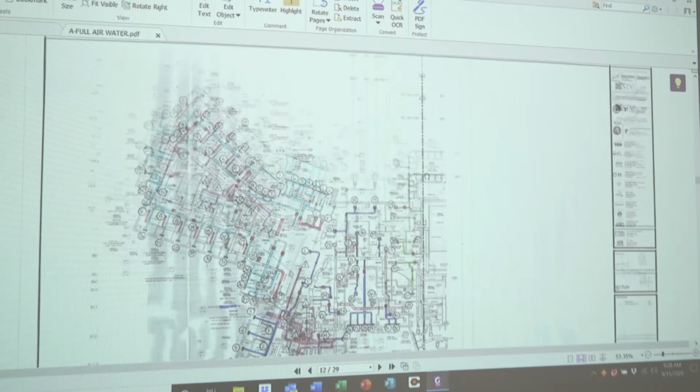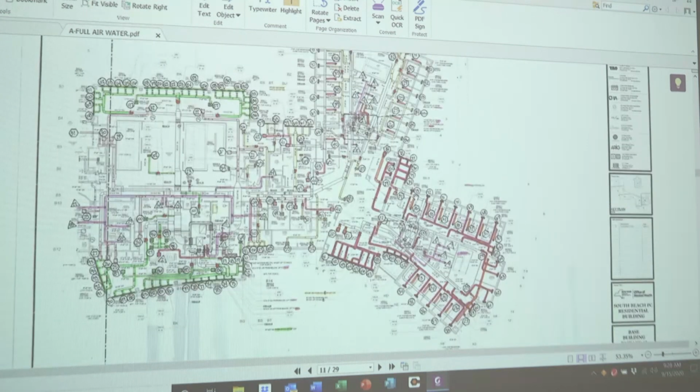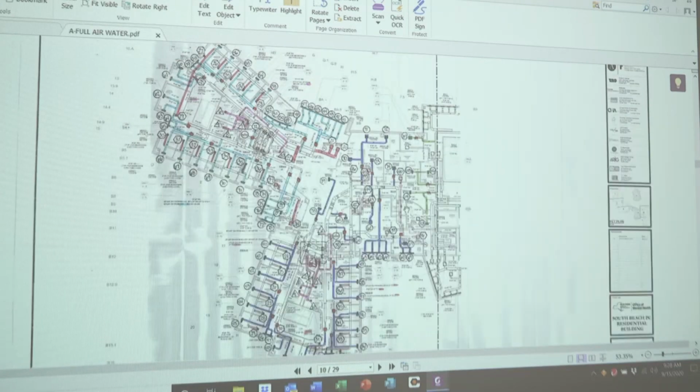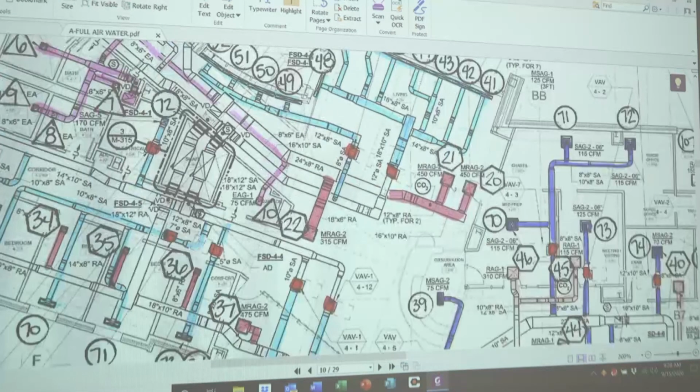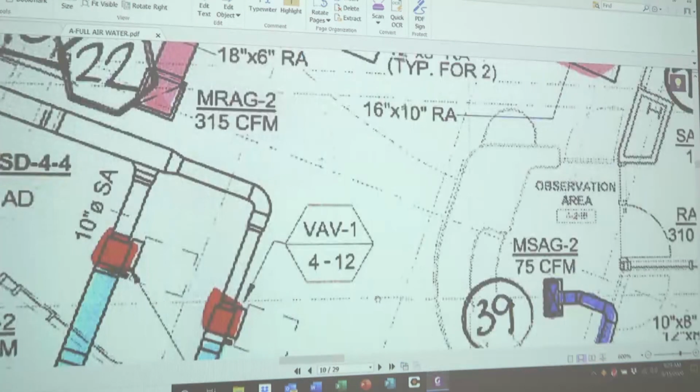As you go down to the 4th floor, to stay true with the colors that we're looking at, your turquoise or blue. Now we're on the 4th floor. Again, you'll notice the VAV box designation number 1, air handling unit number 1, 4th floor, its unique tag.